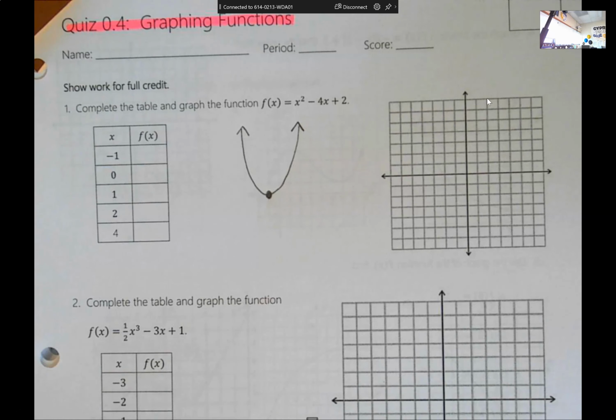Plot your points and then don't connect them until you have all the points plotted. Because it's a negative number, I think your negative 1, 5 is not right. It's supposed to be up.